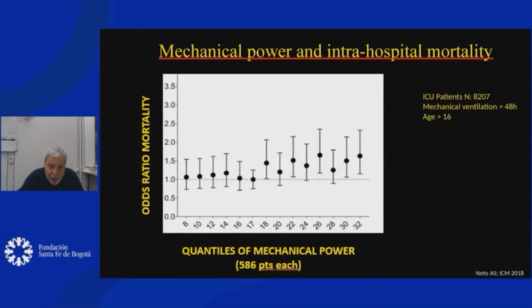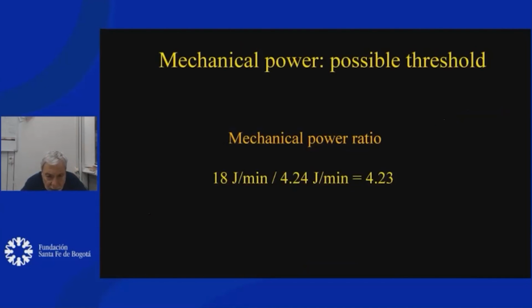The previous study, the only one in humans, was around 18 joules per minute. But we are now studying a concept to identify a sort of mechanical power ratio, that means to compare the mechanical power which is dangerous with the mechanical power which is normal.